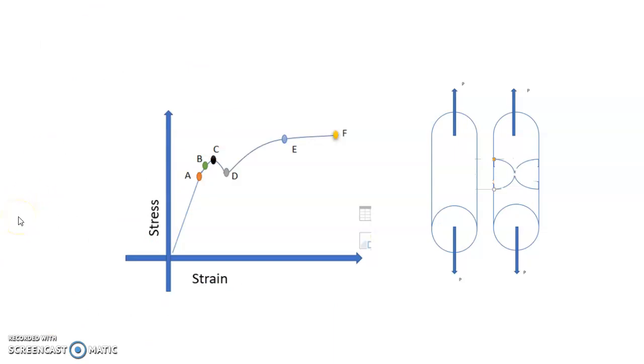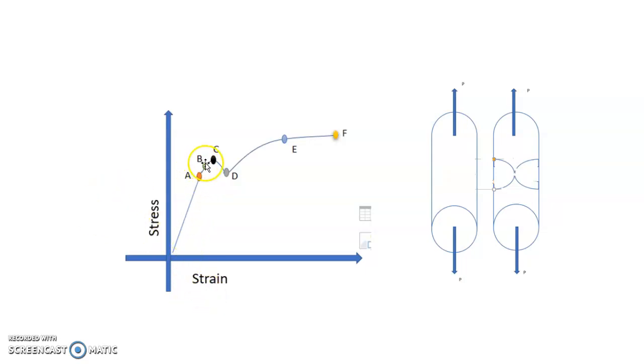There are six points, A, B, C, D, E, F. A is the limit of proportionality. This is the zero point, which we denote as O. OA stands for elasticity, meaning it obeys Hooke's law: stress is directly proportional to strain.